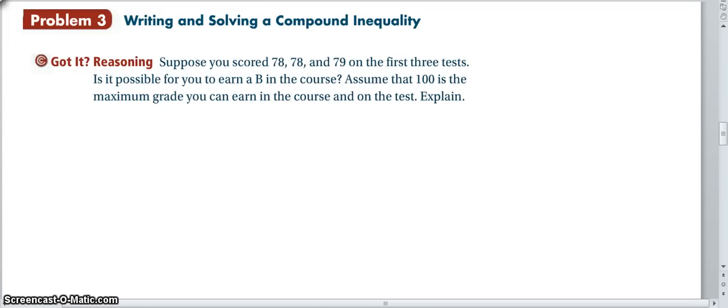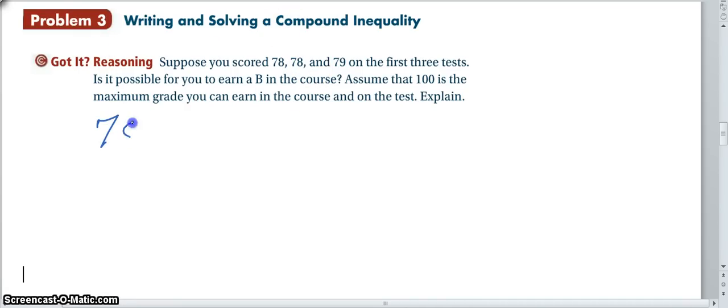So to earn a B, let's just go ahead and assume that an 86 or better will get you a B. So if we set up this inequality, we've got 3 grades already and 1 more grade unknown.